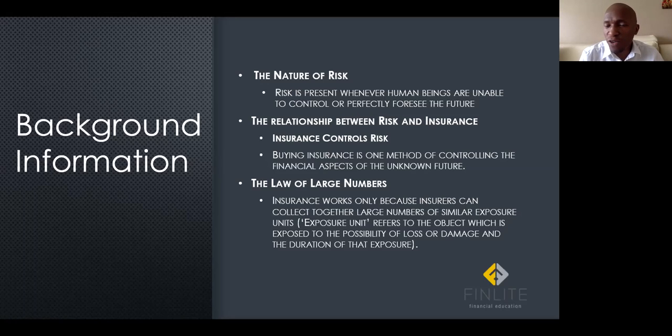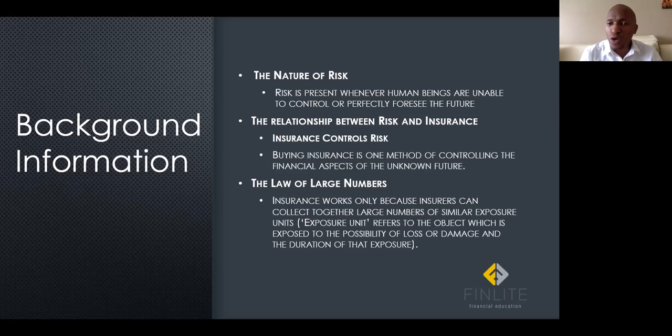For instance, if you are covering yourself through a life cover as a breadwinner, you are making sure that should the risk of your inevitable death come by, the people that are your beneficiaries or your dependents are there to receive at least something to push them through, so that the void, especially the economic void, won't be felt so significantly. So that's the balance between risk and insurance.